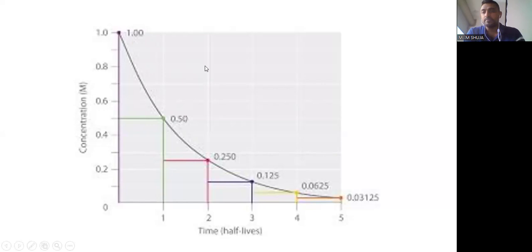So 50% of the drug is metabolized or excreted from your plasma. The time is equal, but the amount metabolized in each time interval is not equal. Okay.